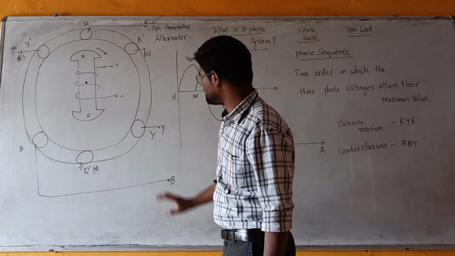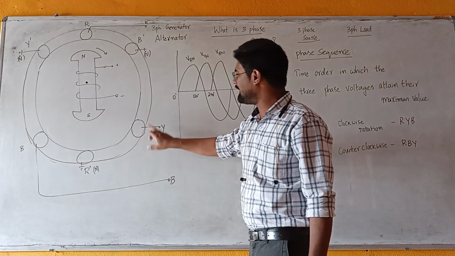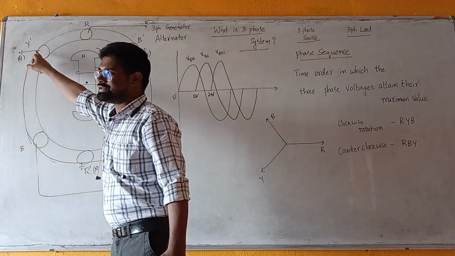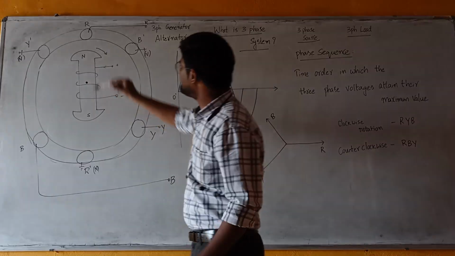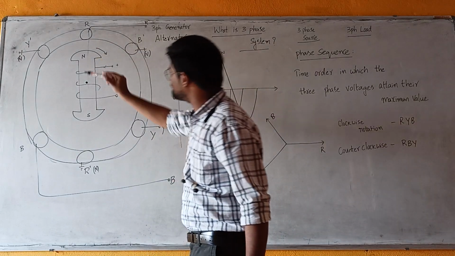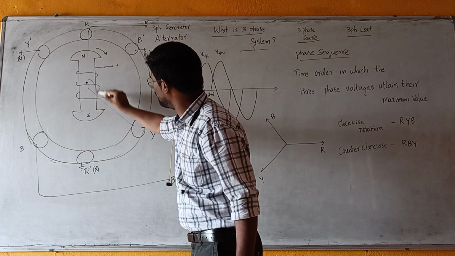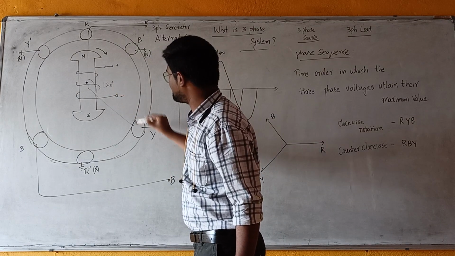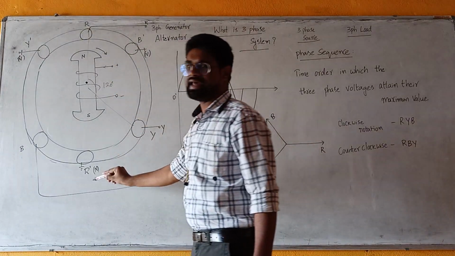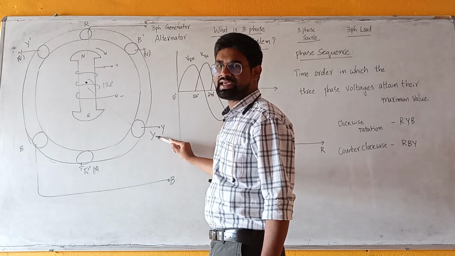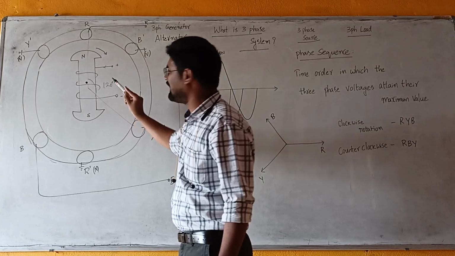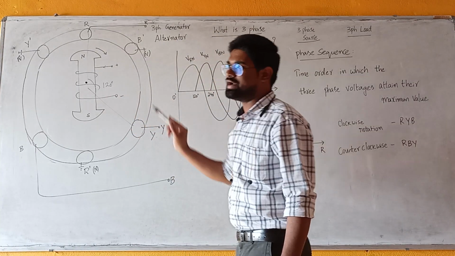If you consider the second set of winding, Y, we can clearly see that with respect to 0 degrees, it is placed at an angle of 120 degrees with respect to the R set of conductor.